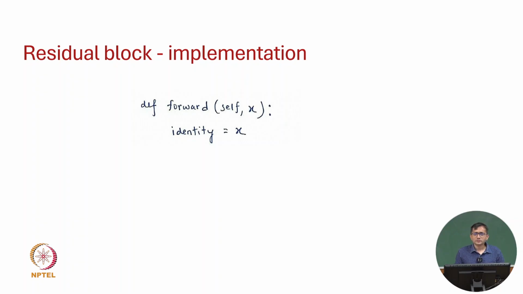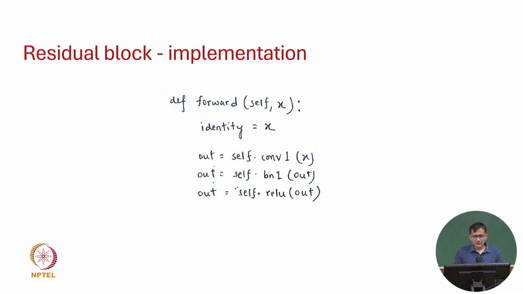Now the next step will be to actually define my residual block architecture. Here we can see these three lines. out is equal to self.conv1.